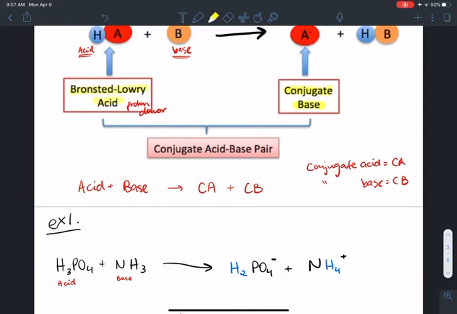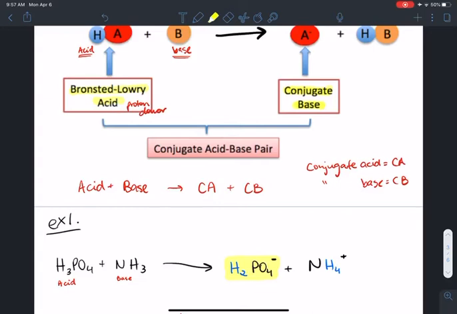So if you look on the product side, you'll see that now we only have 2 protons, H2, which means that we have a charge of -1 overall. Phosphate, the anion, has a -3 charge. Protons have a +1 charge, so +2 plus -3 is -1.